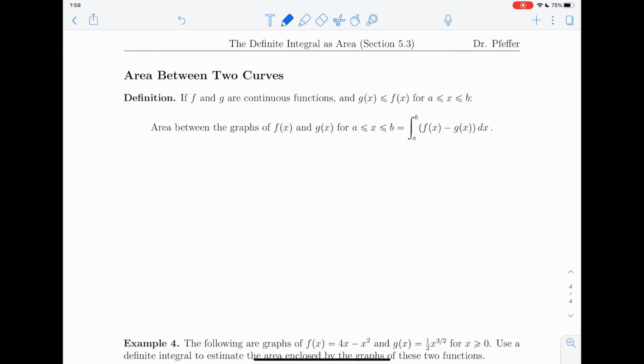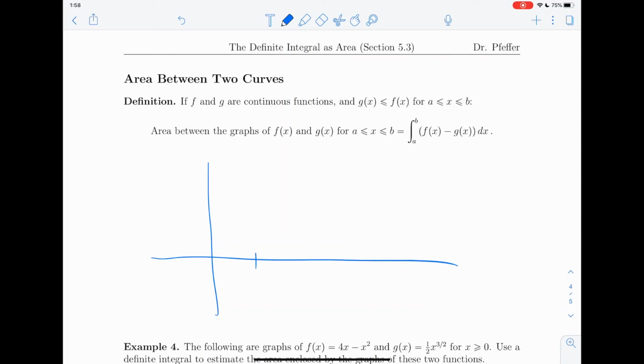If we draw a picture, essentially what we can do is the following. If this is our left endpoint A and our right endpoint B, we can have one function that looks like that. There's f. We could have another function, say g, so we'll call this function f of x and this function g of x, and we can then bound ourselves at A on the left and B on the right.